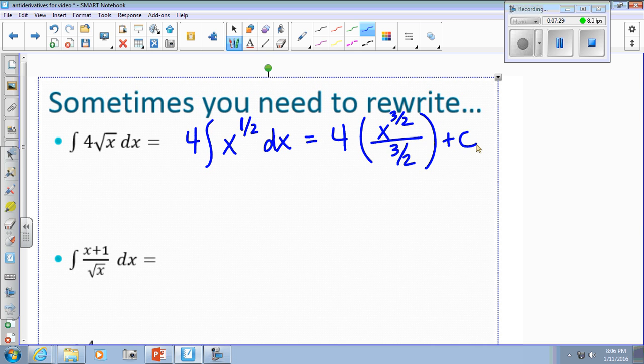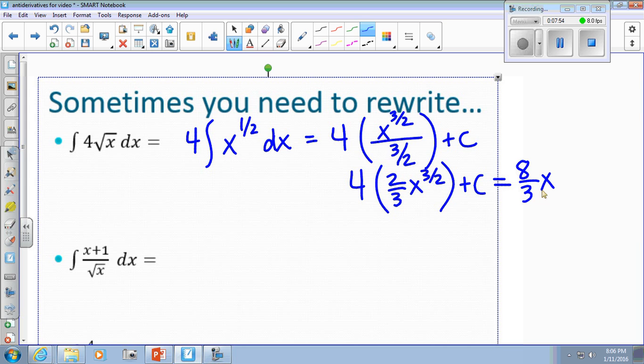Now, we don't leave complex fractions, so instead of putting it as x to the 3/2 over 3/2, I need to multiply by the reciprocal of that denominator. So instead, I'm going to write that as 2/3 x to the 3/2. Okay, and then I can still multiply the 2/3 times the 4, giving me a final answer of 8/3 x to the 3/2 plus c.